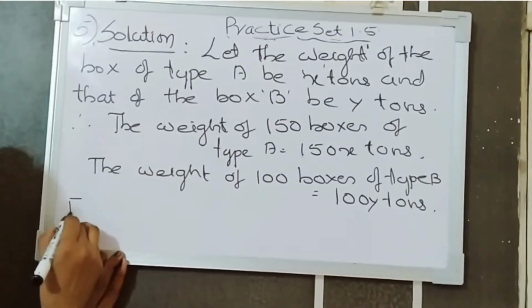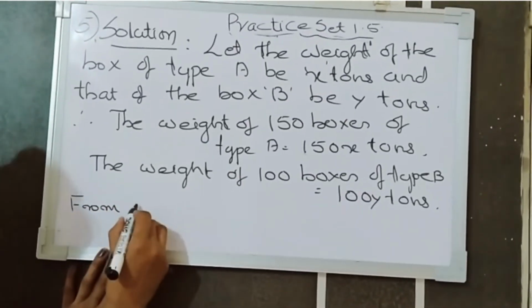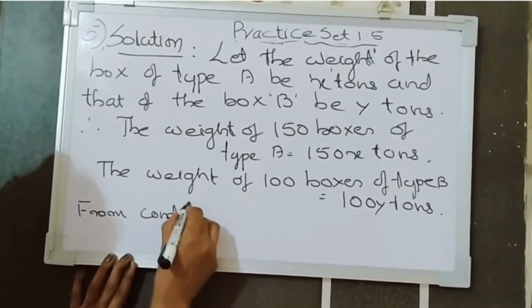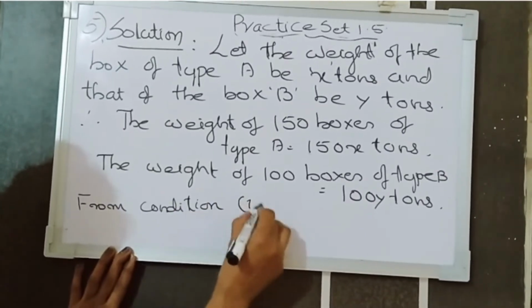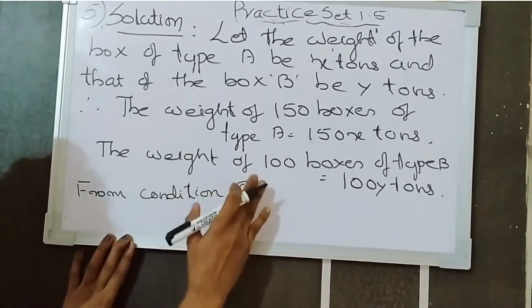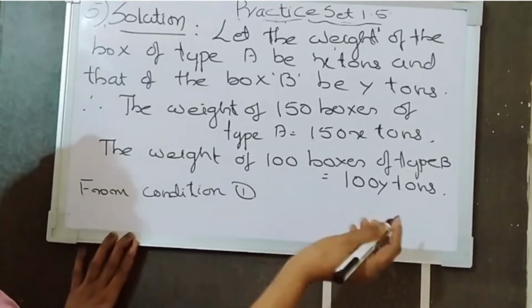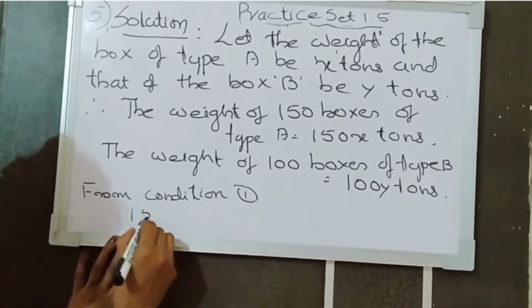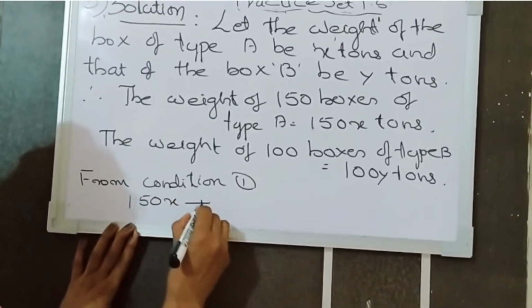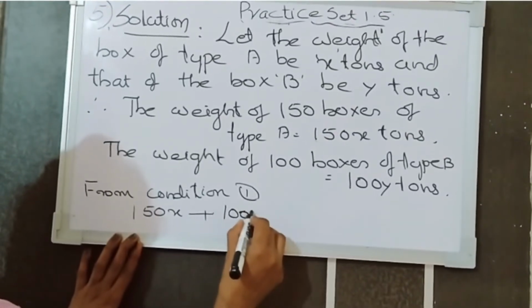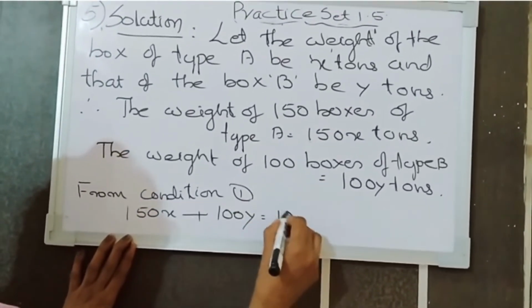Therefore, from condition 1, total weight is equal to 10 tons. Therefore, 150x plus 100y is equal to 10.